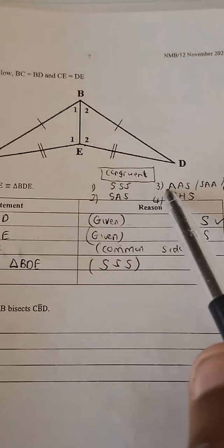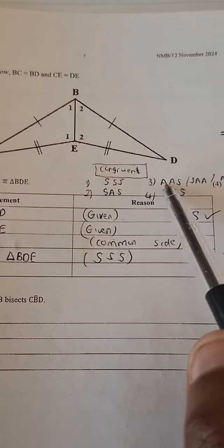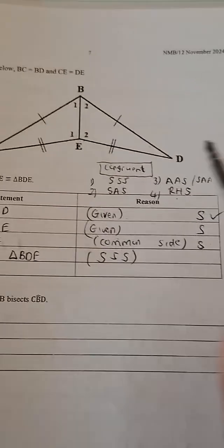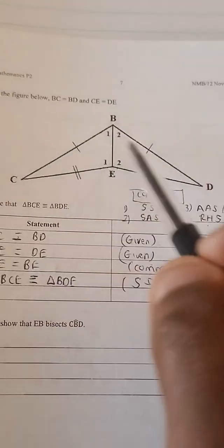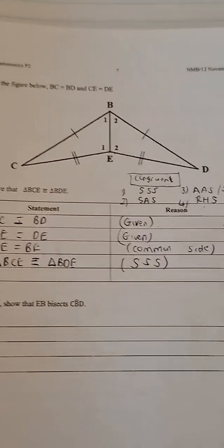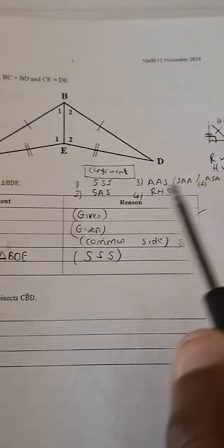What about case 3, sir? Could you have proven that the triangles are congruent using case 3? Once again, I would have needed 2 angles and one side. Do I have 2 angles that I know for the respective triangles are equal? For sure, the answer is no. So this case wouldn't have worked.